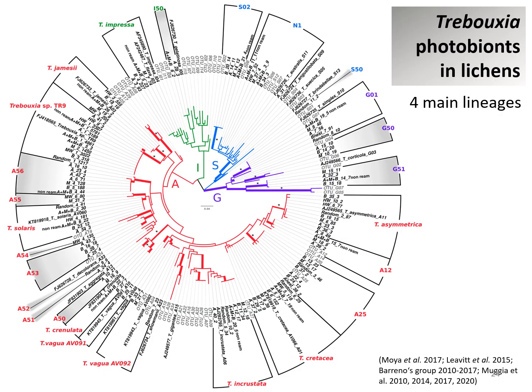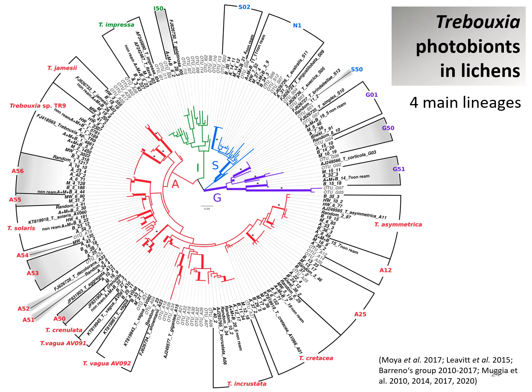And we saw that in the particular case of Trebouxia, we may have many different Trebouxia in a lichen thallus. Trebouxia has been reordered in the past years by a group of us.